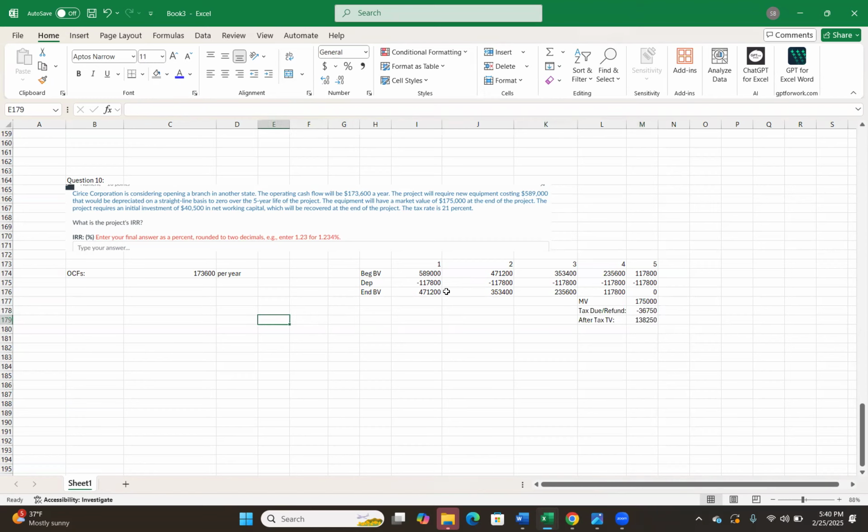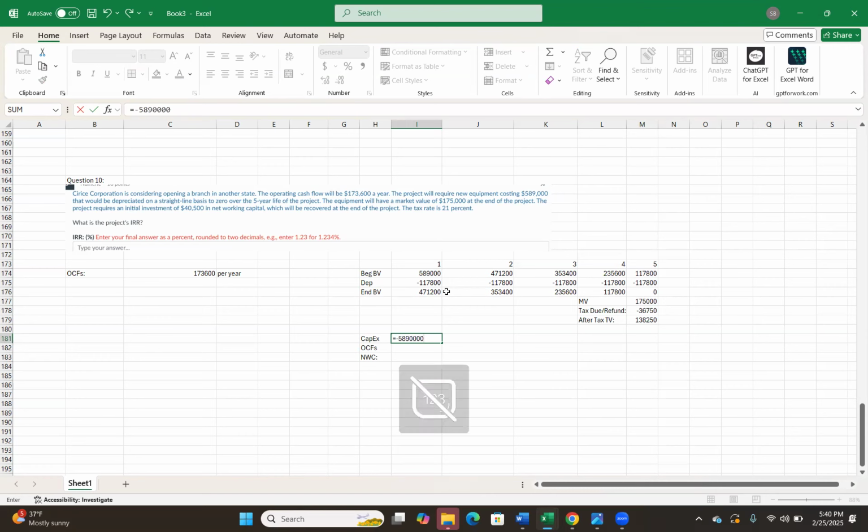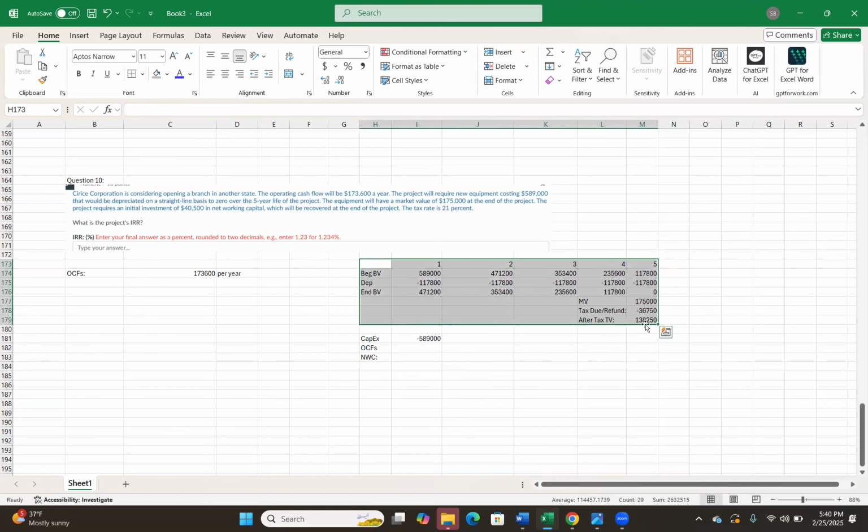Okay. Awesome. So let me start building out a free cash flow schedule. So start with CapEx, OCFs, and net working capital. CapEx is going to be negative 589 in year 0. Let me move all this really quick.